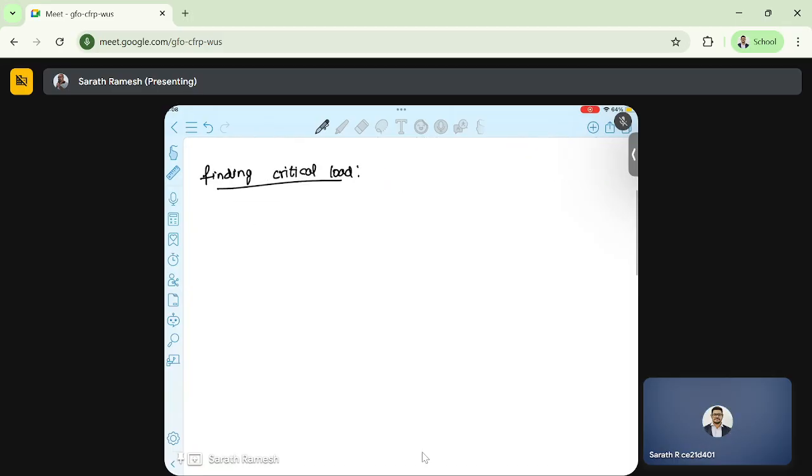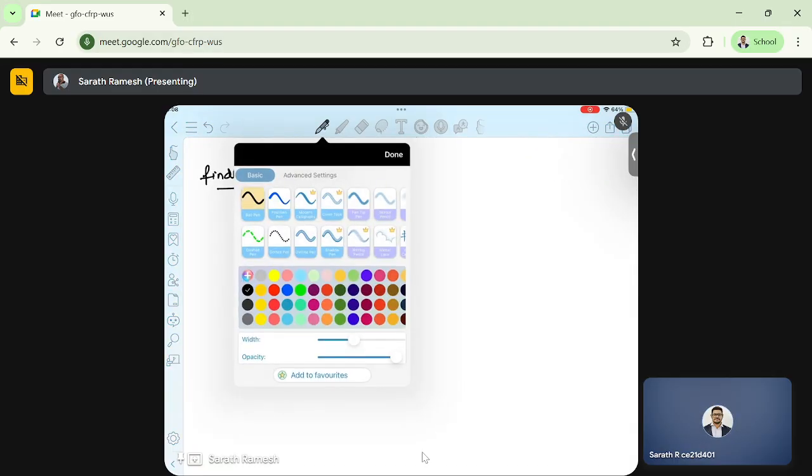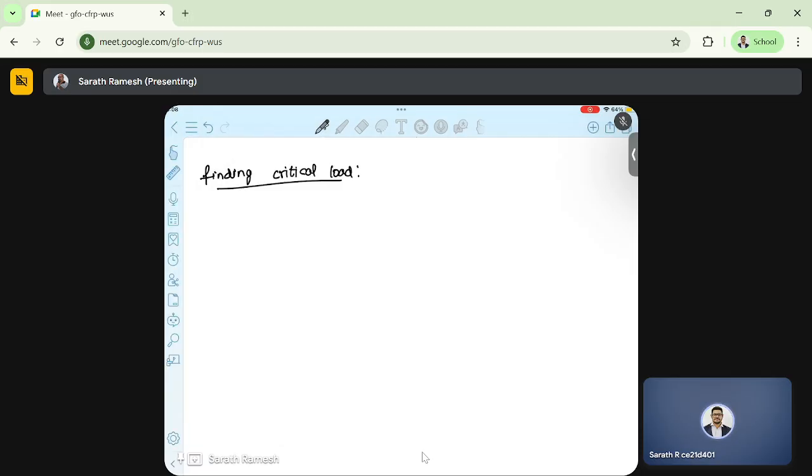We'll see. Suppose we have two rigid bars, AB and another bar connected like this, BC, and here it is a guided roller.